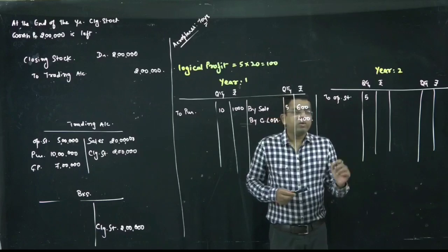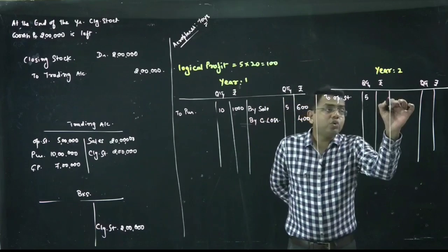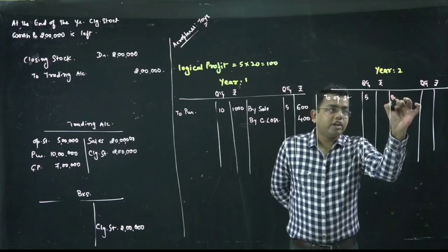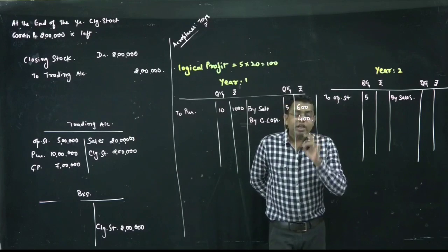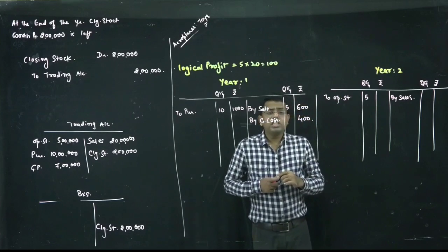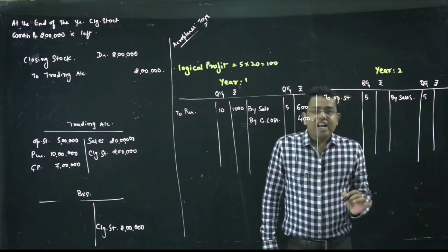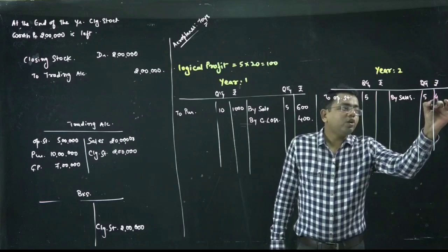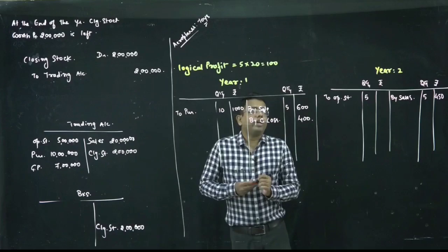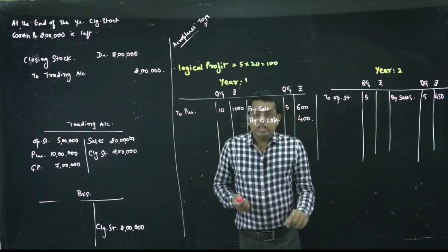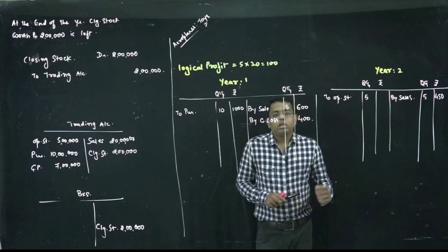But please understand what is happening. The new sales manager who has been appointed is selling these 5 aeroplanes at 90 rupees per aeroplane. Logically, tell me whether he has done good or bad.